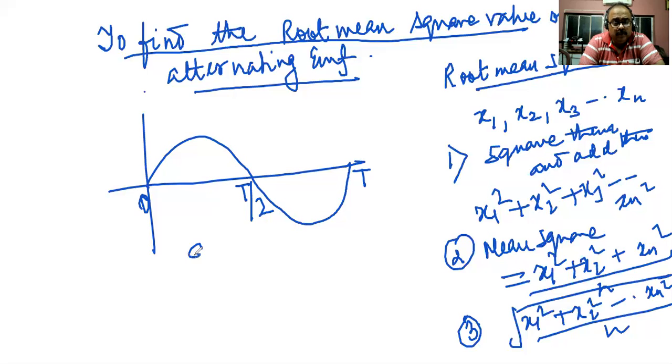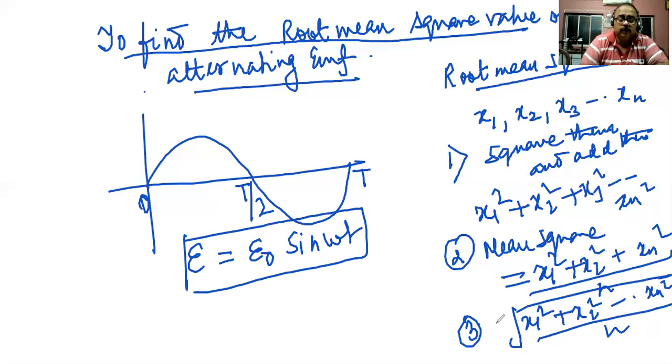So in order to remove this negative and positive aspect, we square it, and after squaring it, we find the mean or average of the square term, so that we get the mean square value, and after that we find the square root of that, so we'll get the root mean square value. So let me do this for this particular situation of AC.